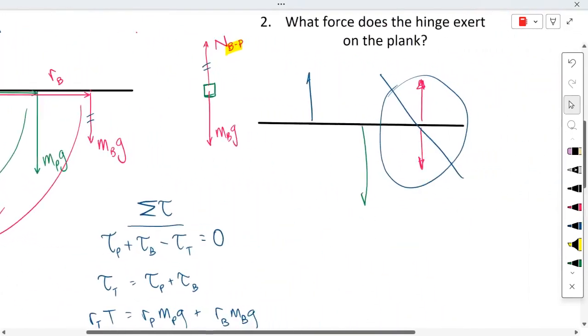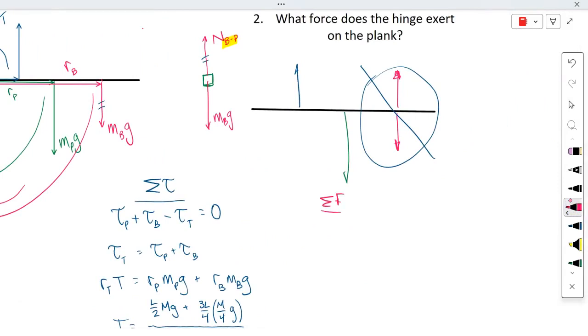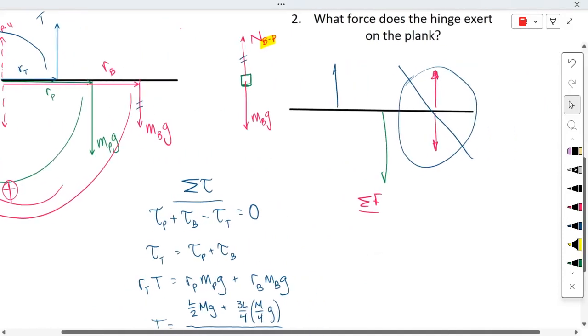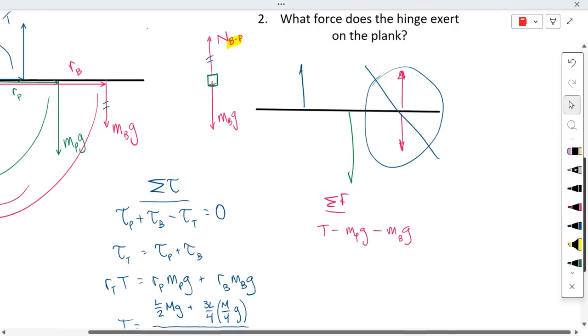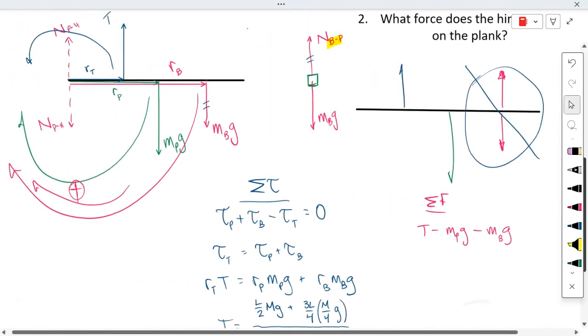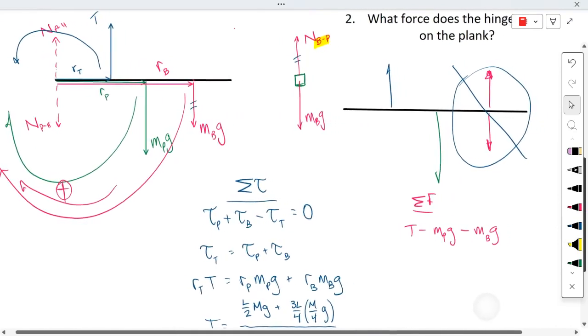So here's what I'm going to do. I'm going to say that a net F says that, well, tension minus M plank G minus M box G. What do we do with the plank thing, right?